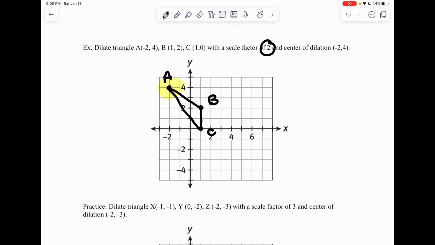My first step is I need to find the slope from A to each remaining point. So the slope from A to B, and I count rise over run. So it looks like I go down 1, 2, and I go over 1, 2, 3. So that's the slope -2 over 3.